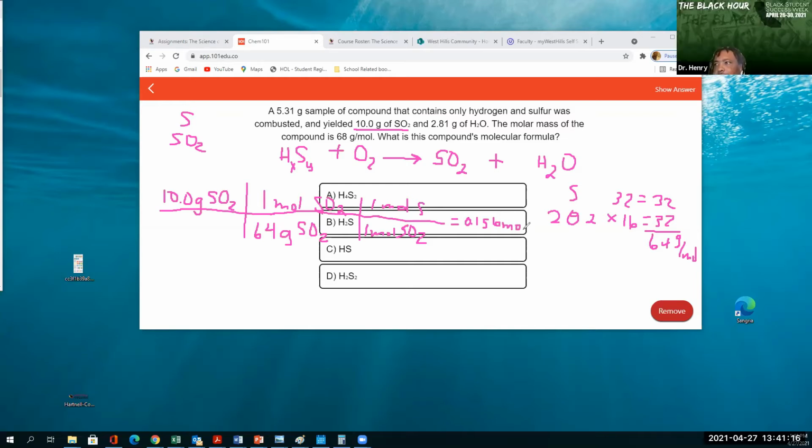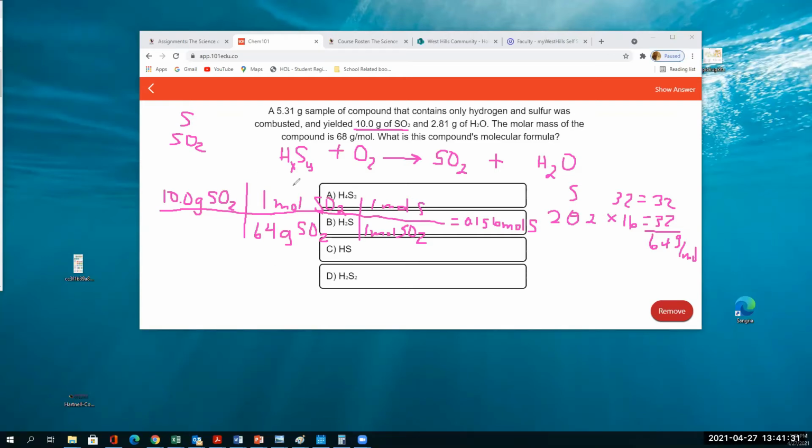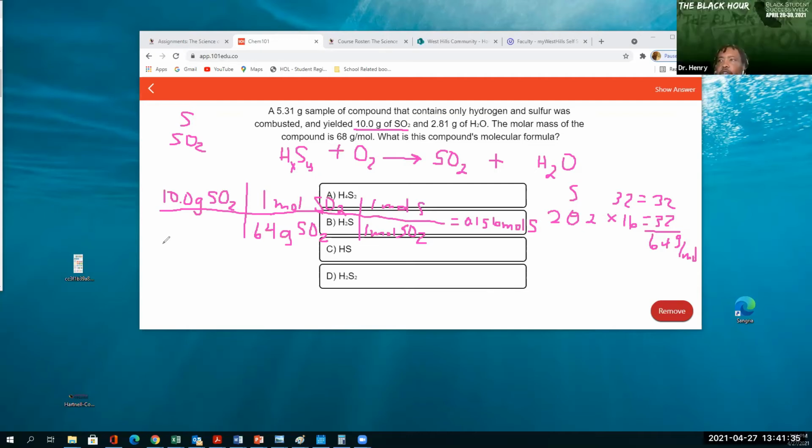Well, there's 3. That's right. Because this is the only thing, in this case, introducing 3 sig figs. When we calculate the molar mass, we don't use that to calculate the sig figs. Okay, so we have 0.156 moles of sulfur.